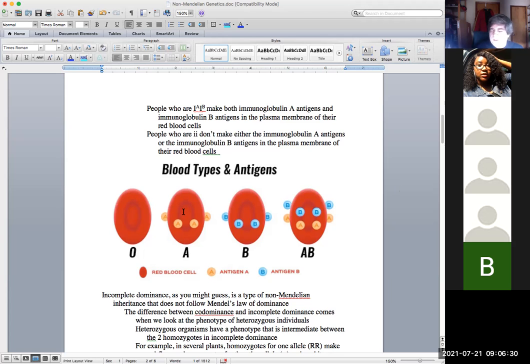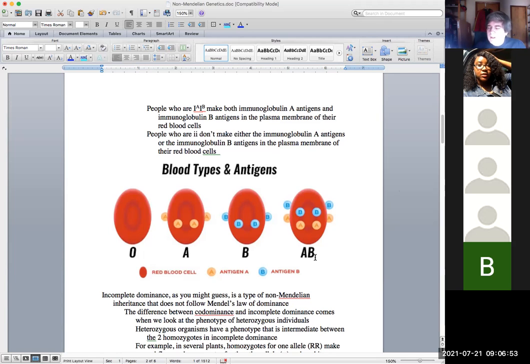So somebody with type A blood makes antibodies against the B protein. Somebody with type B blood makes antibodies against the A protein. But you could inherit an I capital A from your father and an I capital B from your mother. And if you do, you have type AB blood.